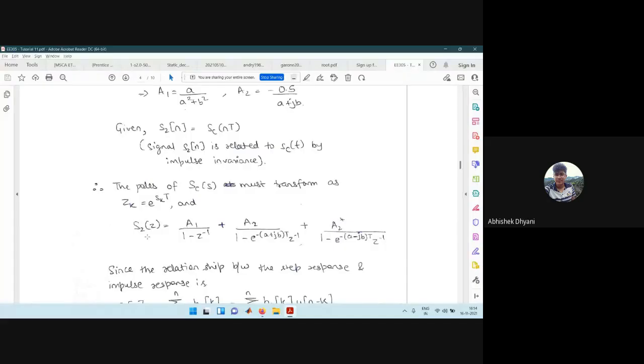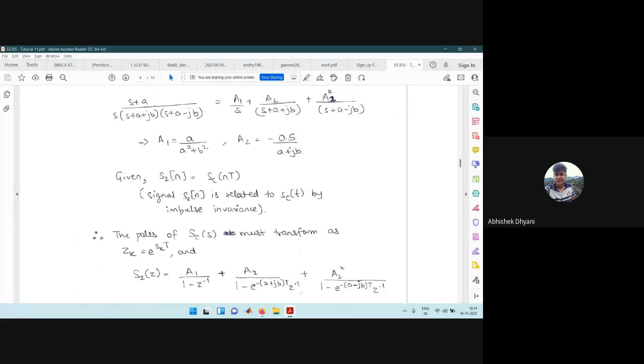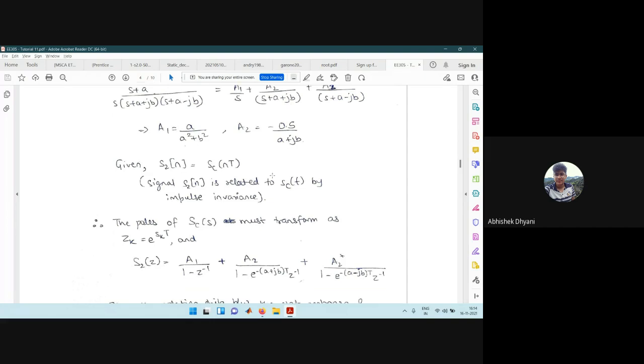So let's say I'm talking about this part, A2 by s plus a plus jβ. This will directly become A2 by 1 minus αz inverse, and that α is e raised to the power minus of (a plus jβ) times T, in a similar way as in part a.